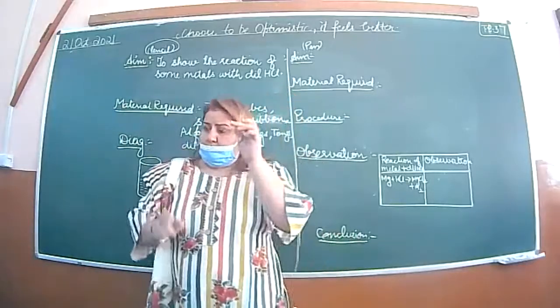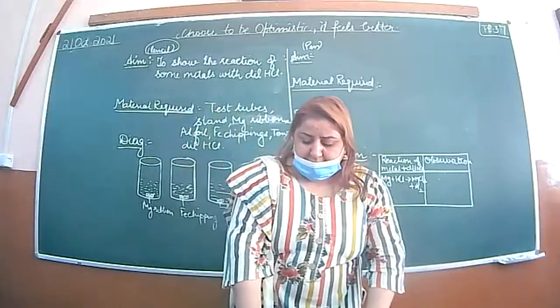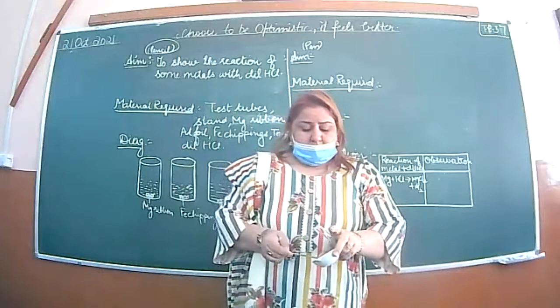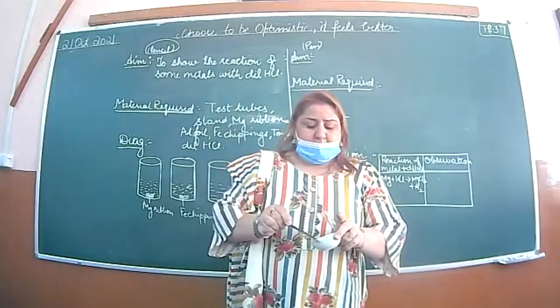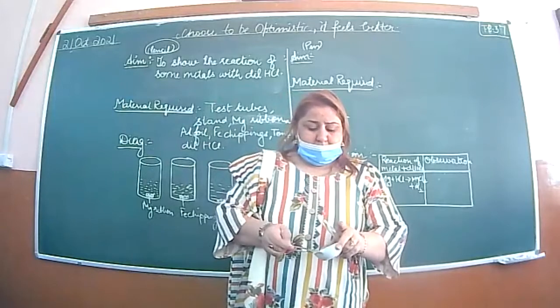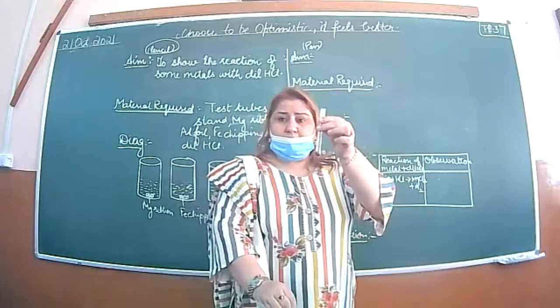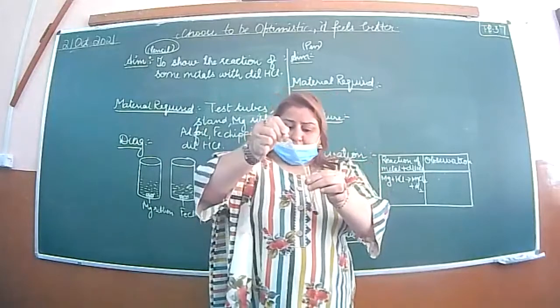Again, a test tube. We are having the iron chippings. Take iron chippings and pour them in the test tube. Again, add dilute HCl.